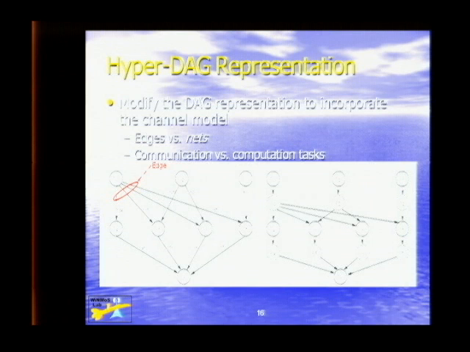So these edges are converted to other vertices called nets, and now the weight of communicating that is mapped to this R1 node over here, and the computation tasks are just sitting there as before. Now, these computation tasks are now compounded with the communication tasks.